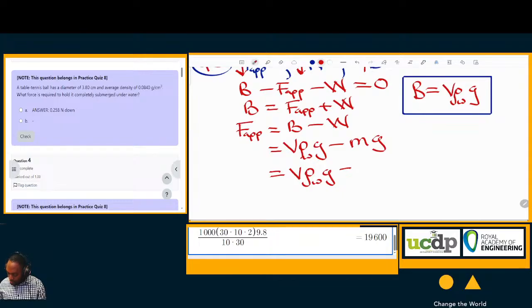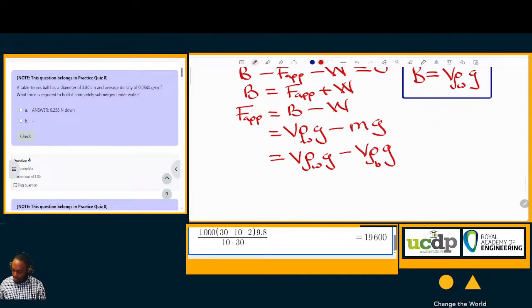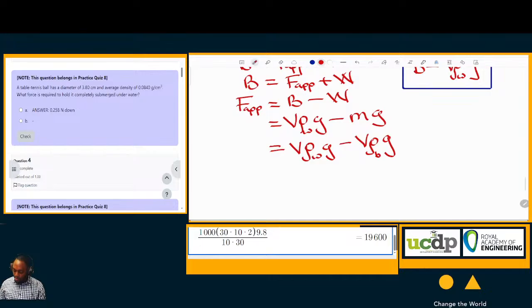So it will be the product of the volume of the ball times the density of the ball times G. Now you can factor out: the volume displaced by the water is equal to the volume of the ball, and G is common, so you have your density of water minus your density of the ball.